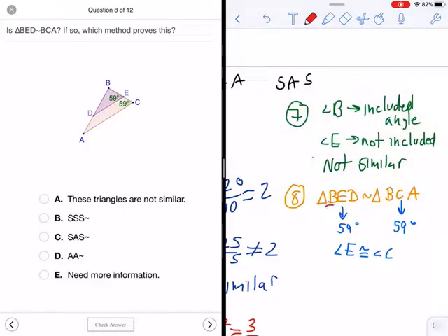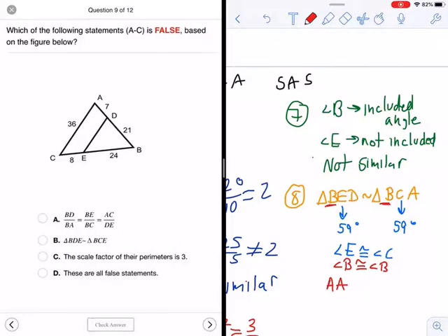Next, I have an angle B and an angle B. Angle B is congruent to angle B in both of them. They share angle B, congruent to itself by the reflexive property. So these are going to be similar by AA. They both have 2 pairs of congruent angles. And the side effect of that is angle D and angle A would be congruent as well.